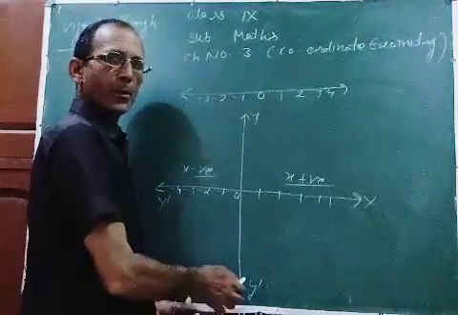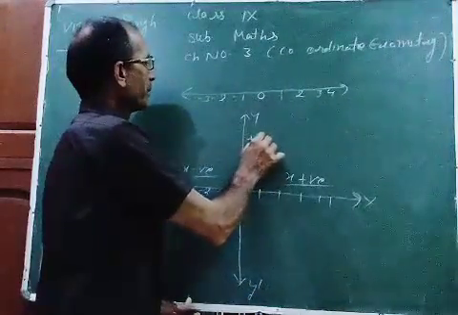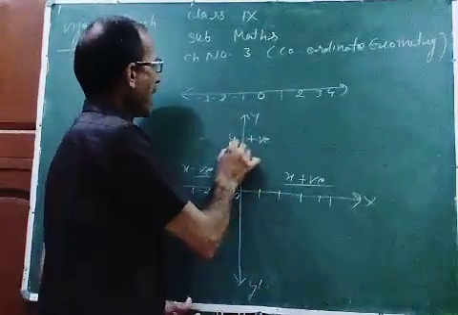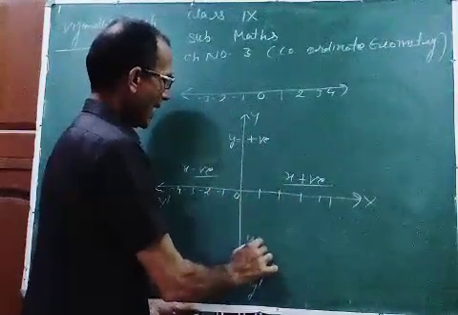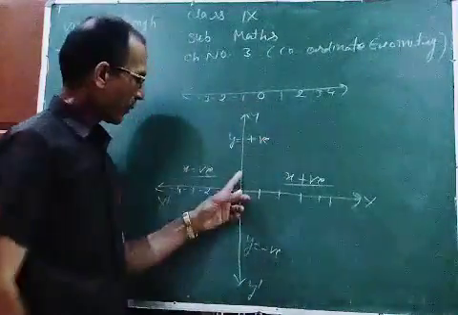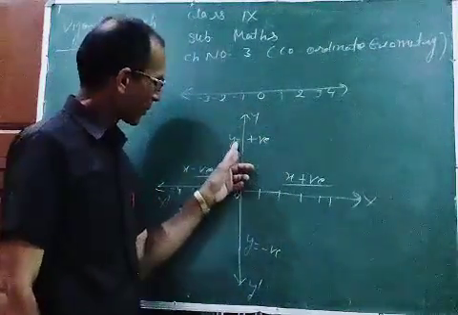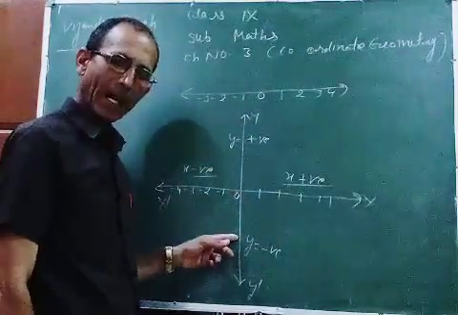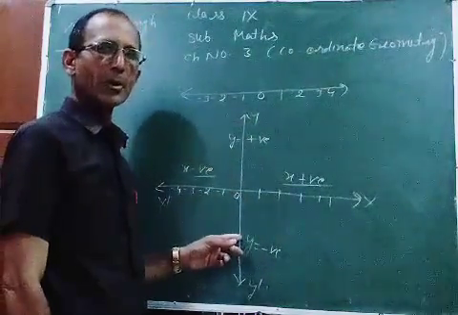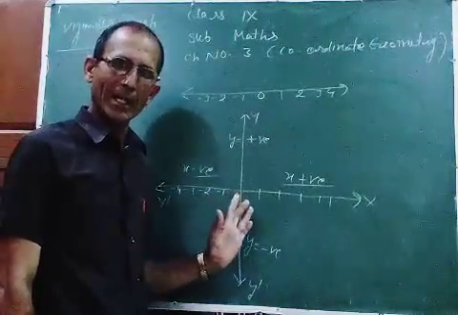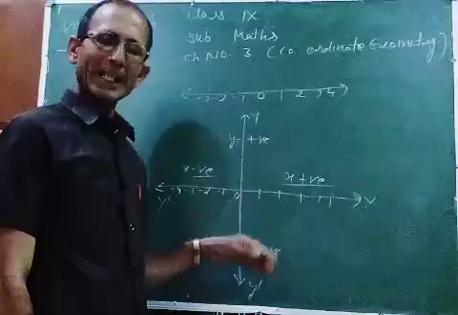Now, positive value of y is upward, and y negative is downwards. So this is the y-axis. I will tell you how to locate the coordinates on the graph paper or in a Cartesian plane.